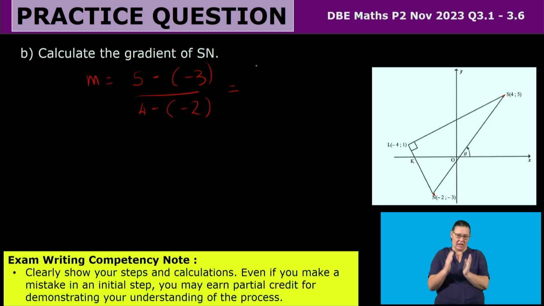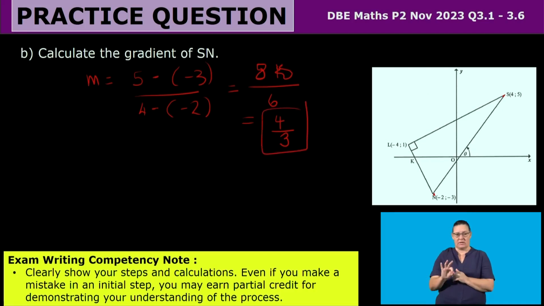Use brackets so that you don't make careless mistakes with your signs. 5 plus 3 on the top will give me 8, divided by 4 plus 2 will give me 6. So 8 divided by 6, 2 goes into 8 4 times, 2 goes into 6 3 times. So therefore my gradient of SN is 4 over 3. Okay, so far so good.